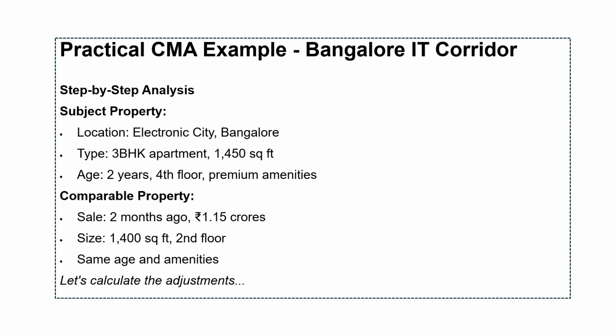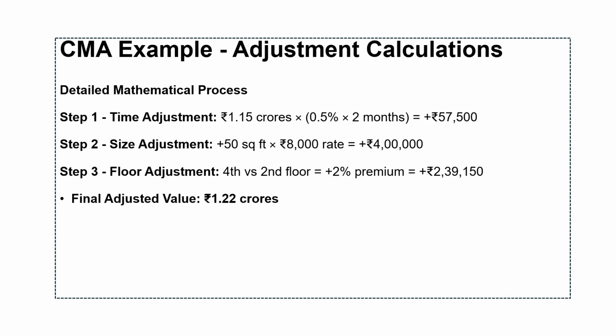Then moving on to the adjustment calculation. So, for time adjustment we can see 1.15 crore into 0.5 into 2 months, then size adjustment, floor adjustment, and then we get the final adjusted value of 1.22 crores.